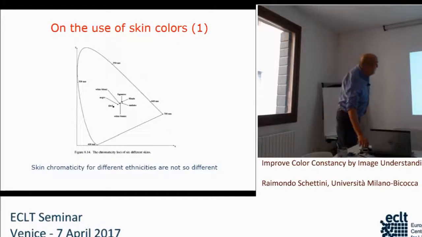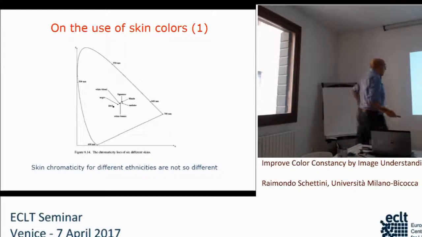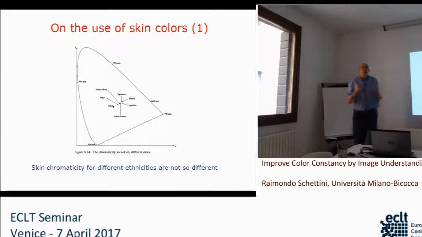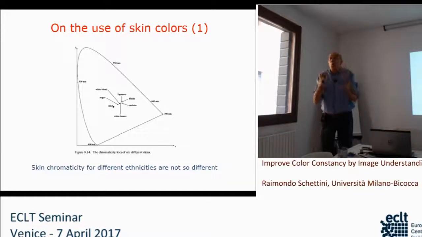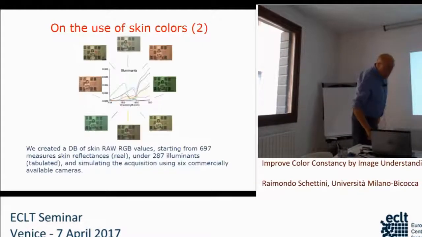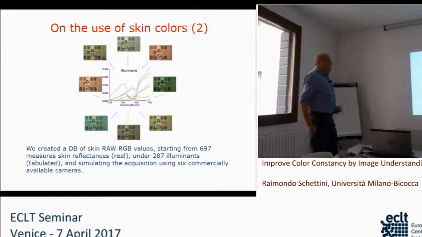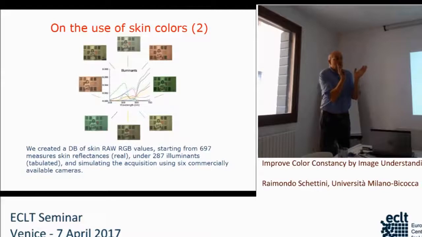You can see here that we have black people, Japanese, Indian, Caucasian, etc. We have all the same color, just a different level of brightness. Now we have to decide which is the set of possible colors.